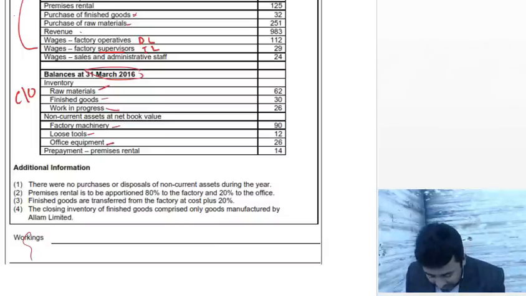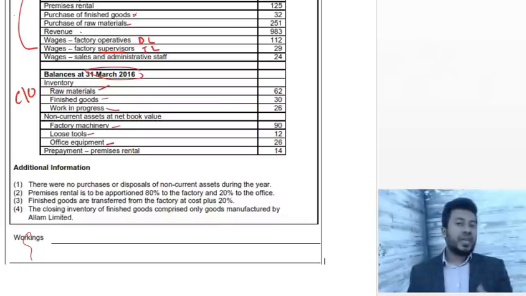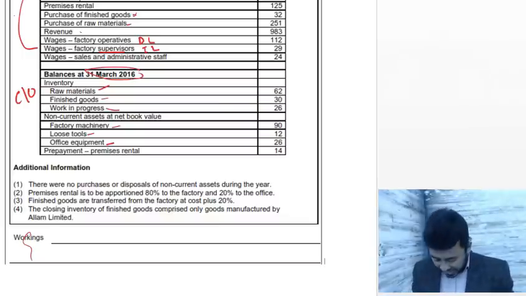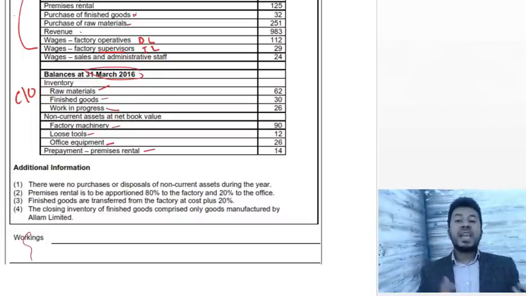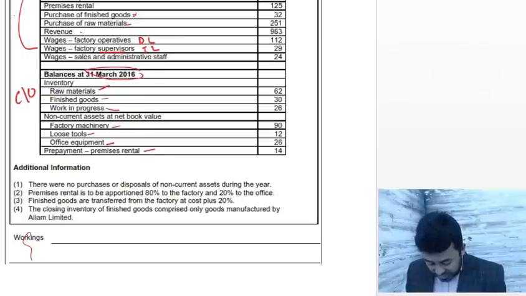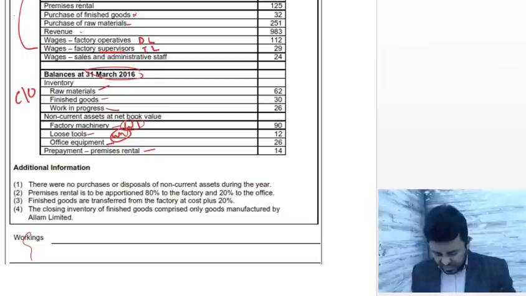Office equipment, it's at the office, so it doesn't go into the manufacturing, rather it goes in the non-production overhead. Prepayments of premises rental. All right, so if opening and closing net book values of assets are given, we might have to work out depreciation on these two. Working 1, working 2, just writing it down, maybe different, no matter.